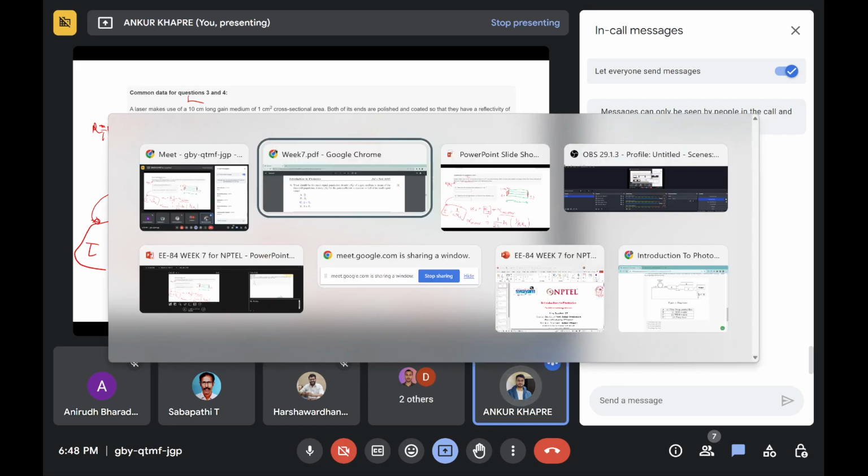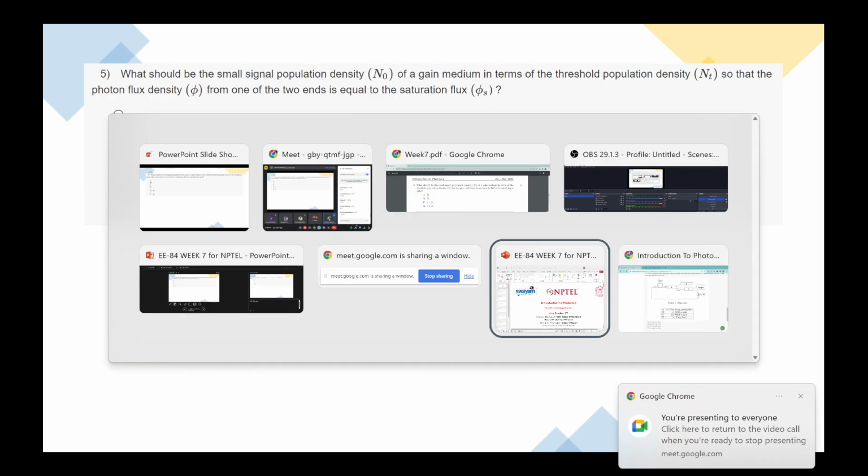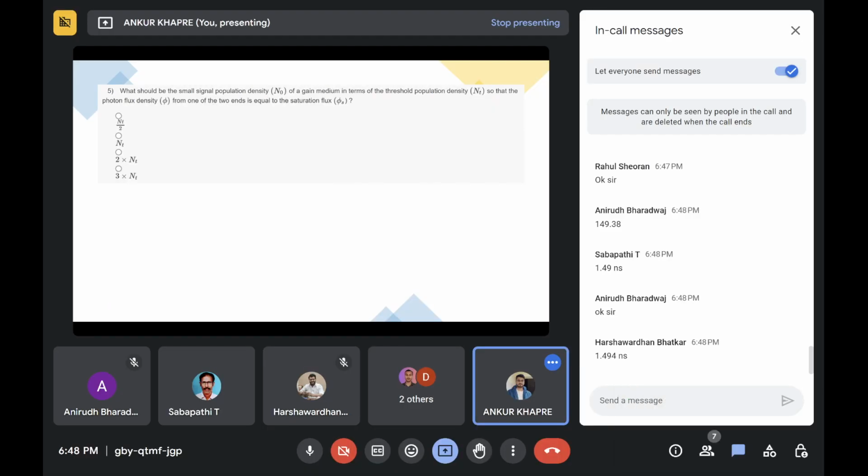So now this question number 5 will go. Question 5 is asking what should be the small signal population density N naught of a gain medium in terms of the threshold population density NT, so that the photon flux density phi from one of the two ends is equal to the saturation flux phi s.